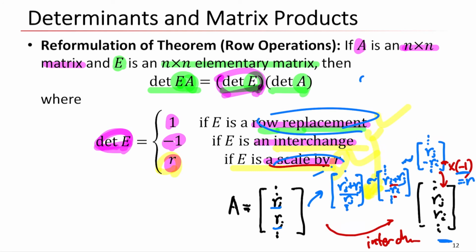So in other words, this interchange operation can be decomposed into several row replacements with a scaling term, right? Because there is only one difference here, -1, we can say that the determinant of E for the interchange is just -1.